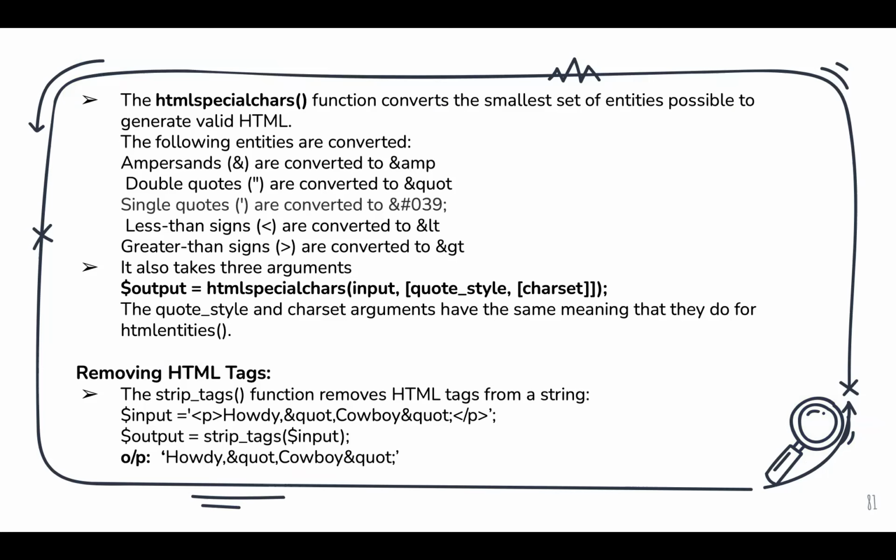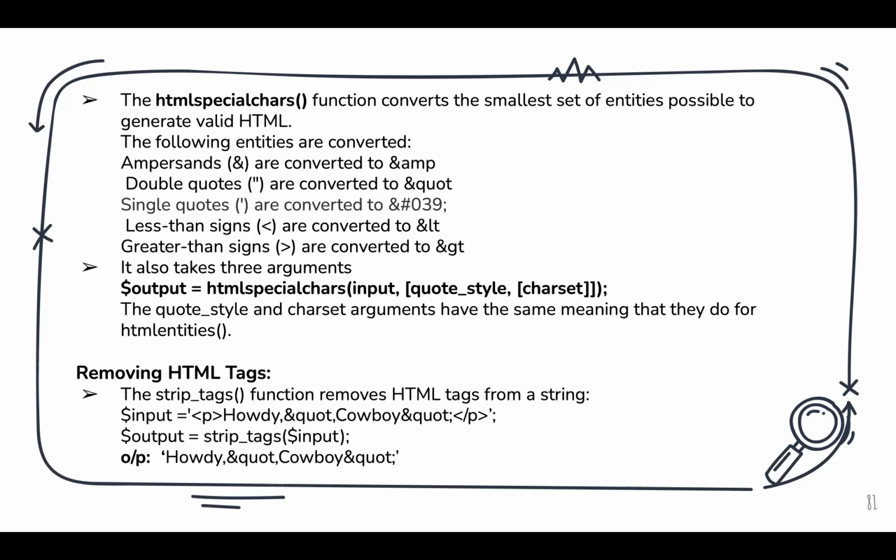Less than signs are converted to &lt;. Greater than signs are converted to &gt;. It also takes 3 arguments in the syntax, which are input, followed by quote style and charset, which are enclosed in square brackets. The quote_style and charset arguments have the same meaning that they do for htmlentities.